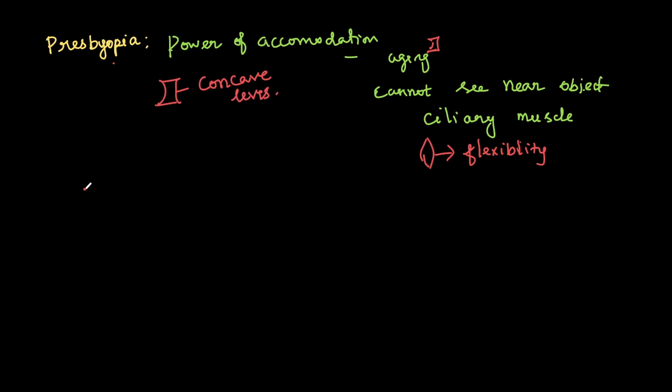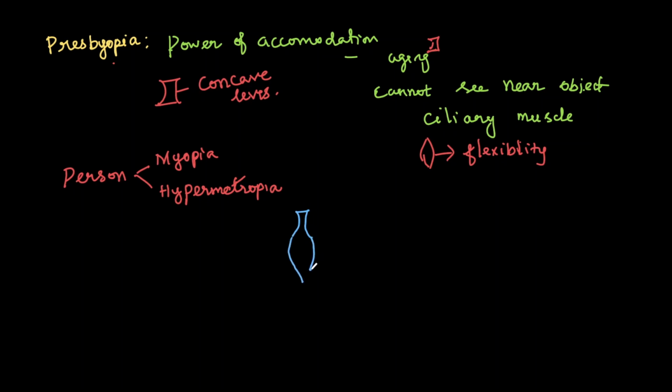But in some cases, some persons get both myopia and hypermetropia. The person cannot see the faraway object and also cannot see the nearby objects. So they are affected by myopia and hypermetropia. In that case, they use both lenses, a concave lens at the top and a convex lens at the bottom.